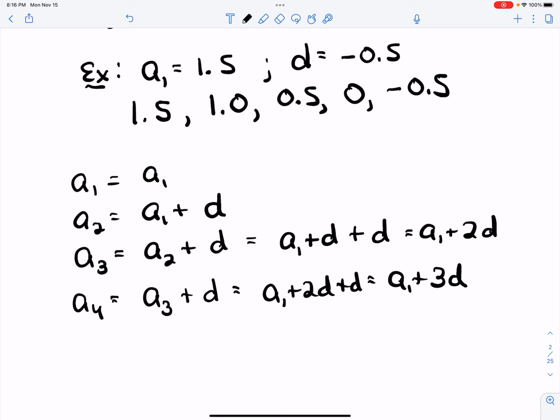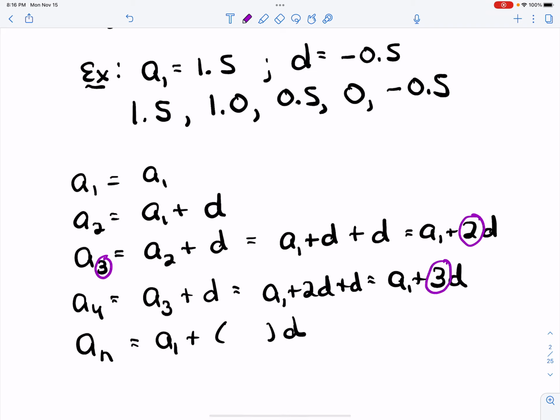So then you could generalize this and say, well, a sub n is going to be a sub 1 plus some number times that difference. But notice what's happening with the number. Like this 2 in front of d is 1 less than this subscript 3.